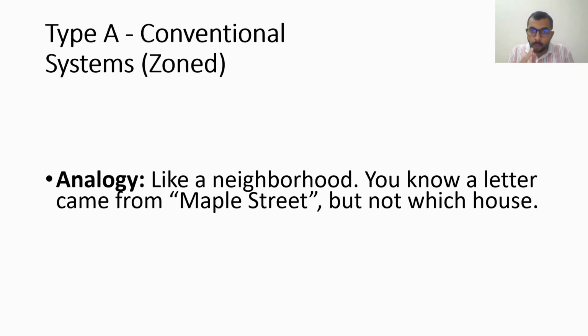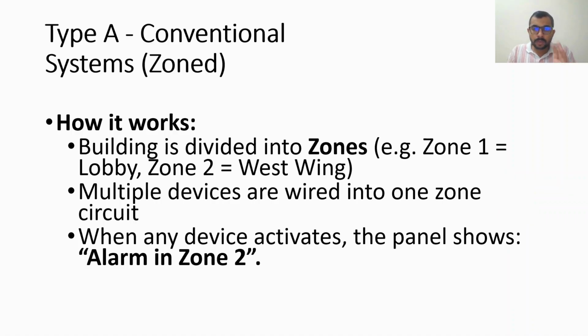It doesn't say which house it is, or from which particular person. That is what happens in the conventional system. It says that the fire is located in this particular zone. It doesn't say which particular device is activated.